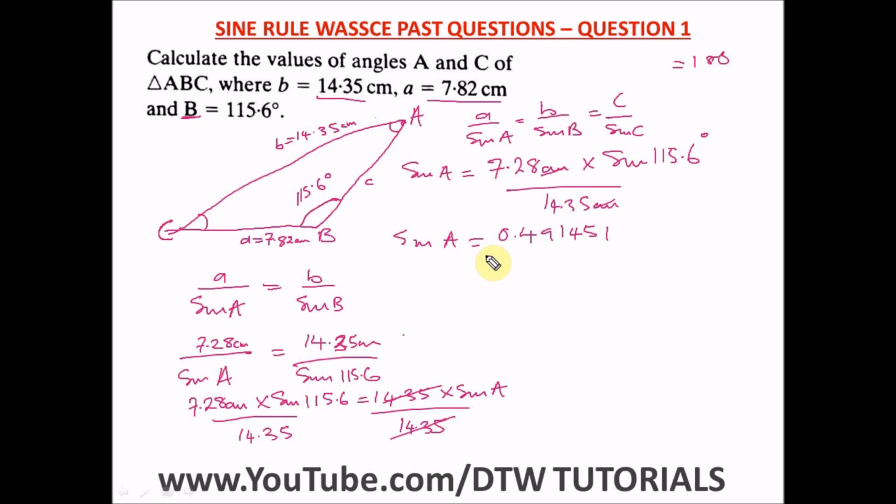To get A, it is now the inverse sine of this, so A is equal to sine inverse of 0.491451, and this will give us 29.44 degrees. So this angle here is 29.44 degree.